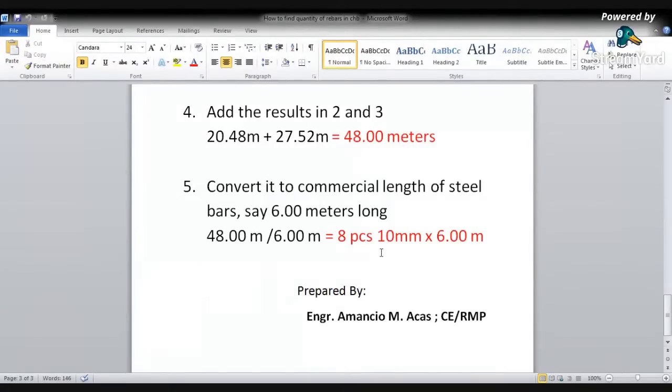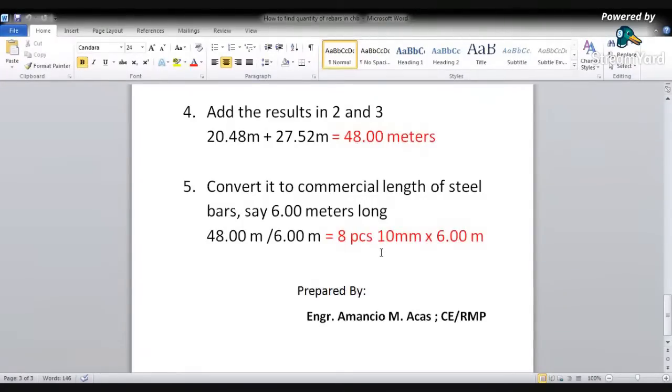So this is a very easy computation, and you can use it if you have a project in your house. If you build a fence or a wall, you can easily compute the quantity required, make a budget, and then start constructing.